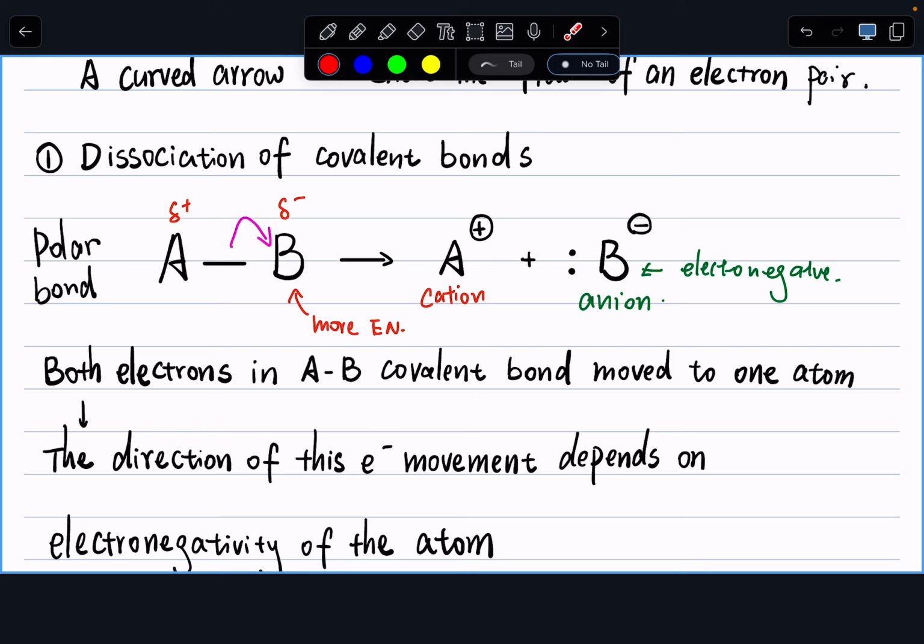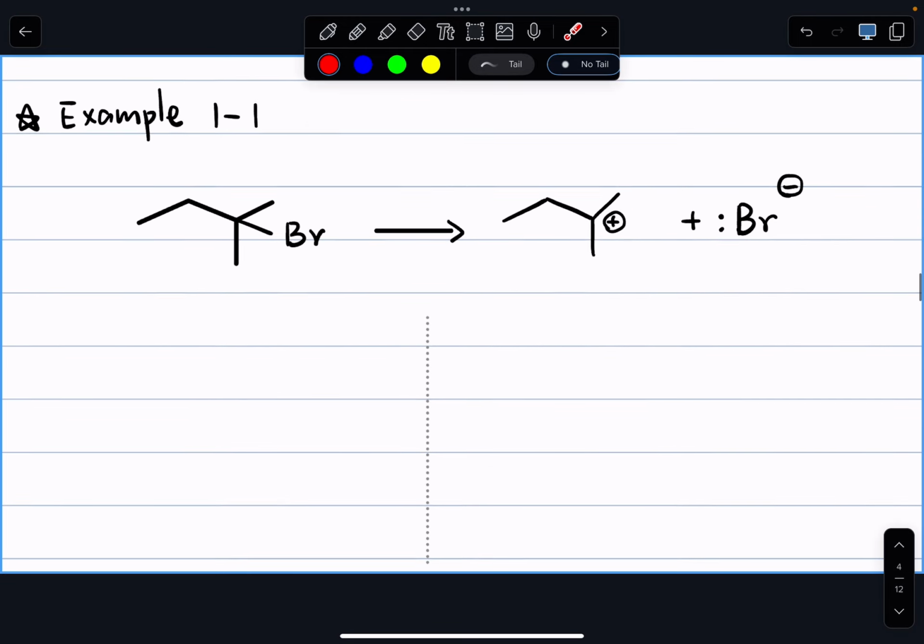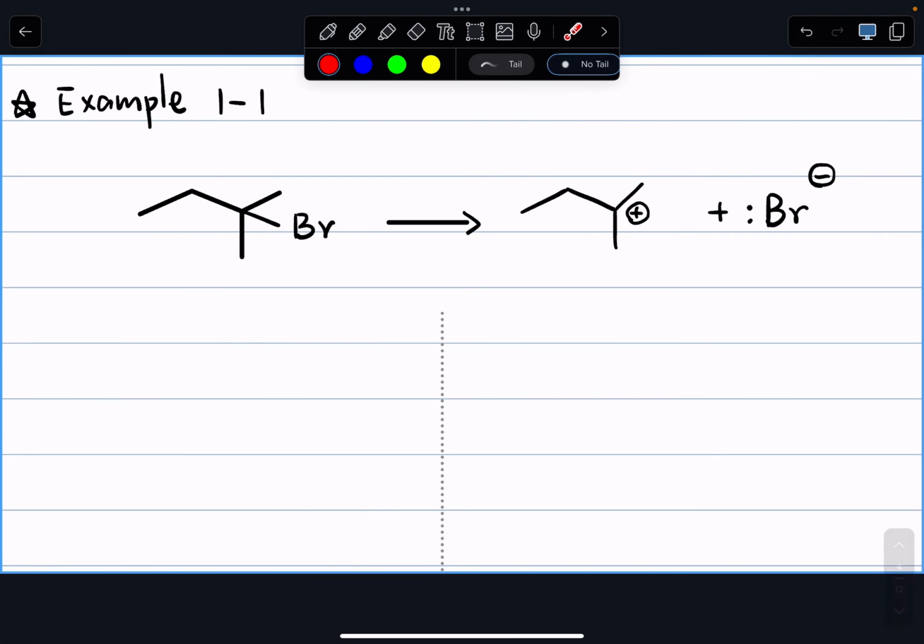And what is a typical example of a dissociation of a covalent bond? Let's think about it this way. On the left, you have a haloalkane. On the right, we are forming a reactive intermediate. What is the nature of this reactive intermediate? It's a carbocation with three R groups around it, so this is a tertiary carbocation. And we're forming a Br minus.